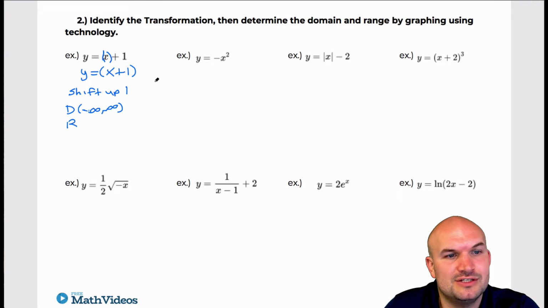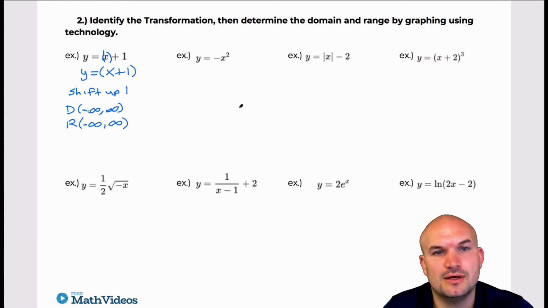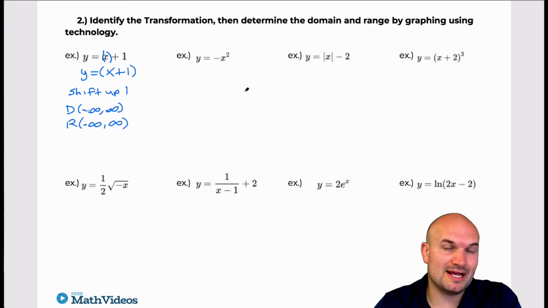That is not a negative symbol, though, so just be careful with that. Don't want to confuse anybody. There we go. And my range is going to be from negative infinity to infinity.